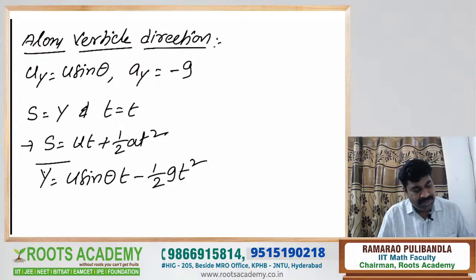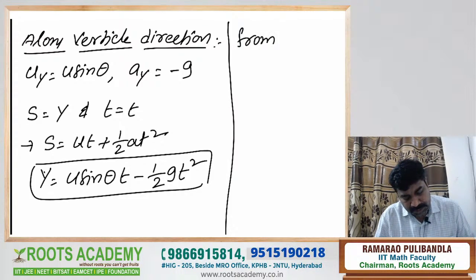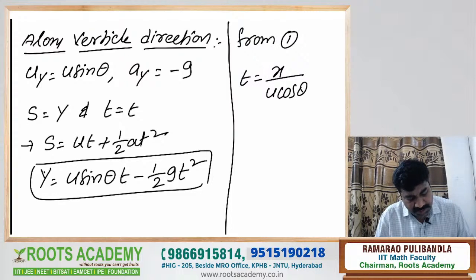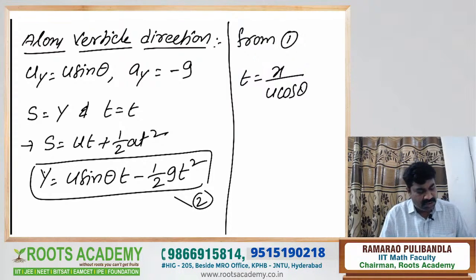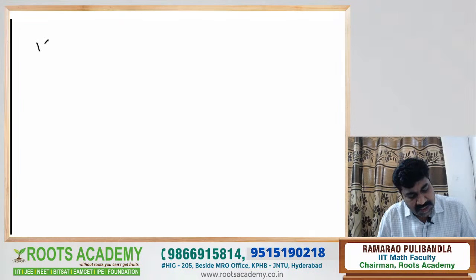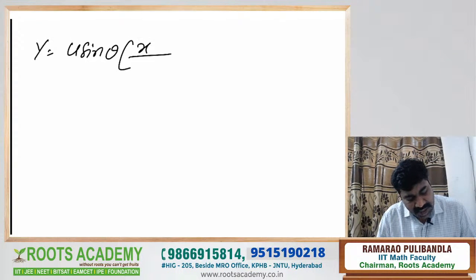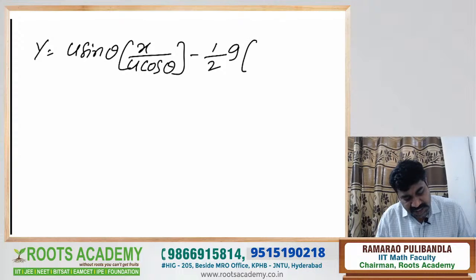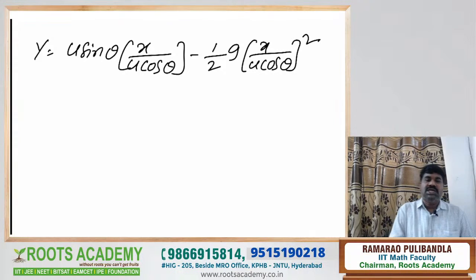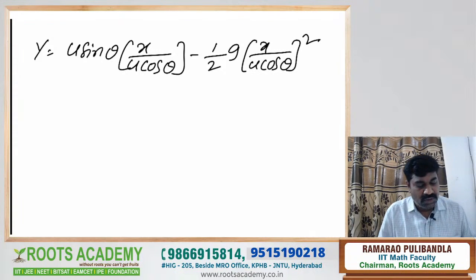From 1, t is equal to x by u cos theta. We are substituting into it, so y is equal to u sin theta into x by u cos theta minus half g into t square, where t square is x by u cos theta whole square.